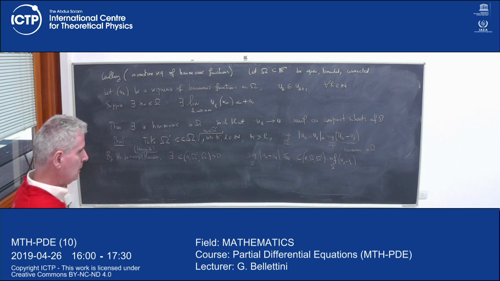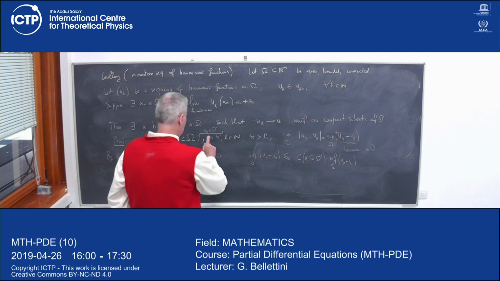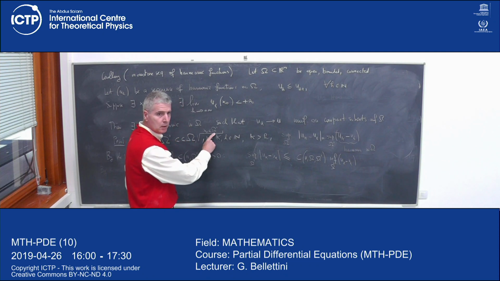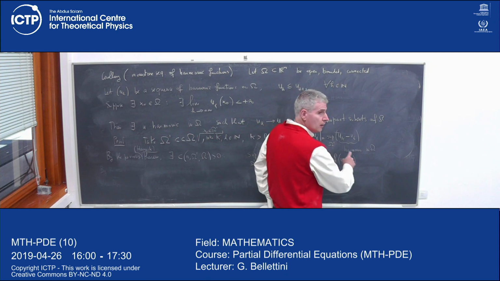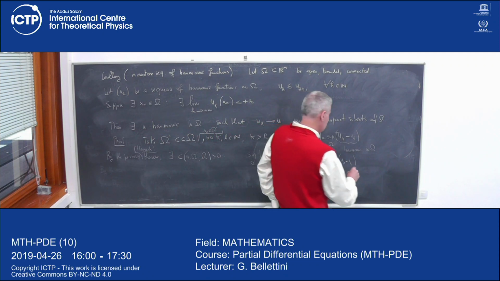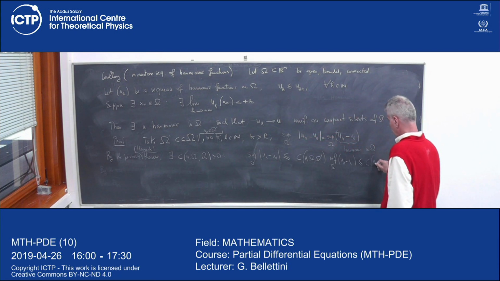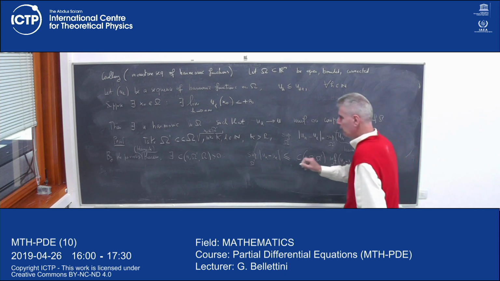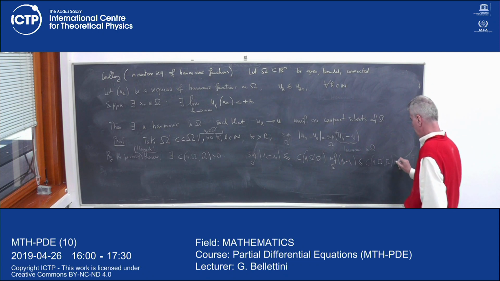But now, since we are taking x naught in omega prime, this infimum is less than or equal to the value at x naught: u_k minus u_h at x naught.